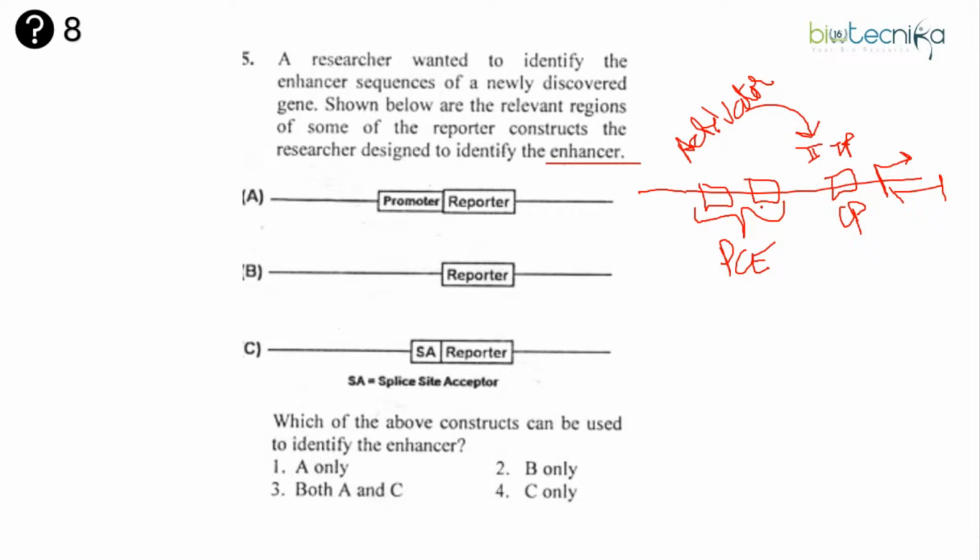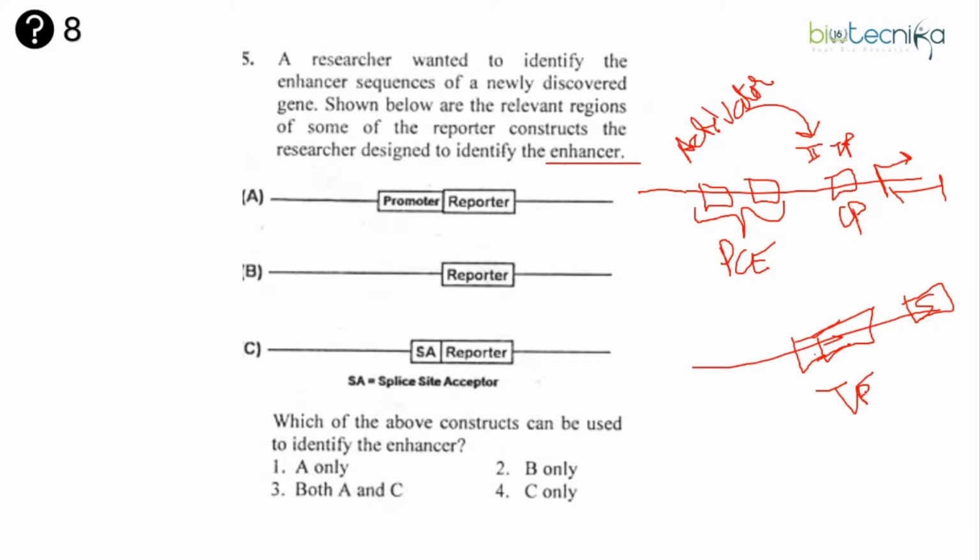Okay? Apart from them, you also have certain regions on the DNA which are known as your enhancer regions. These are also sequences. Enhancers are similar to silencers. To the enhancer, transcription factors bind.